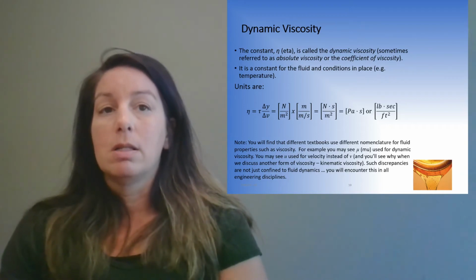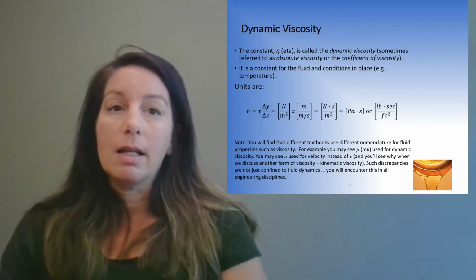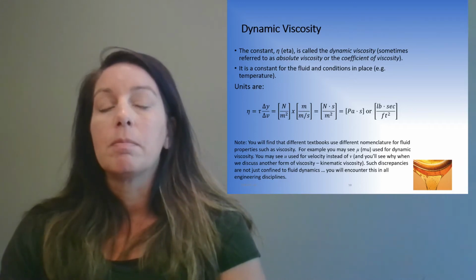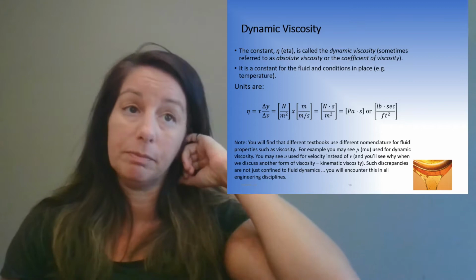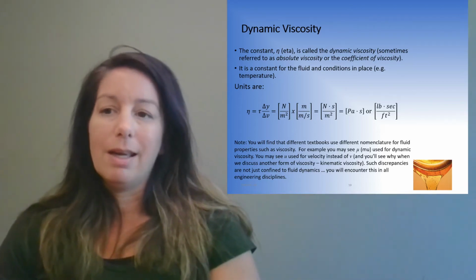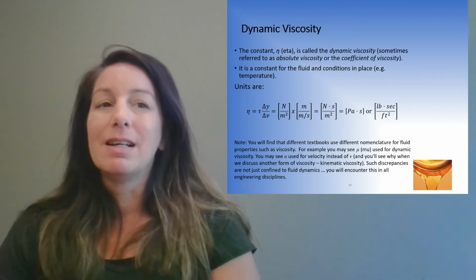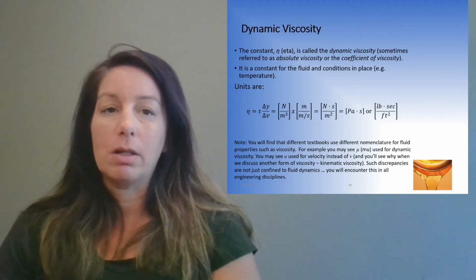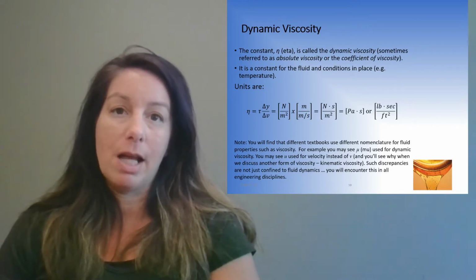So one of the meters gets crossed off, canceled, and that per second comes up to the top. So we've got newton seconds per meter squared, or Pascal seconds, or if you're using imperial, pound seconds per foot squared. Yes, it's awkward, but such is life in engineering sometimes.